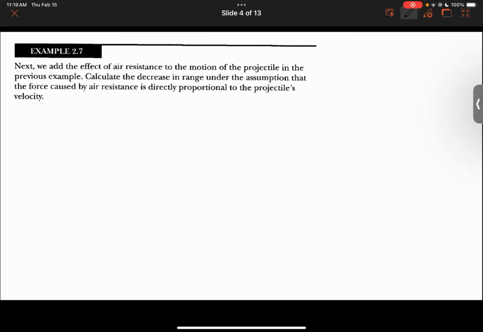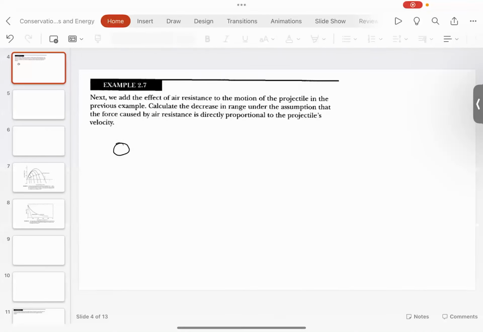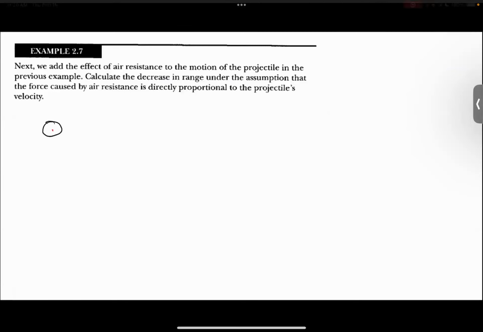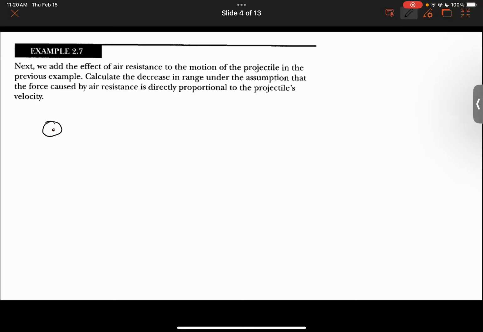And in that case, kung ito yung object, ano yung mga forces na nag-act sa kanya? So, ang forces na nag-act sa kanya, of course, ay yung weight, okay, ng object, which is always vertical.